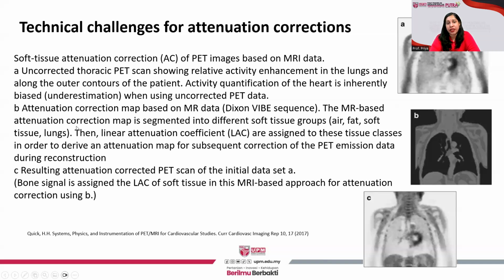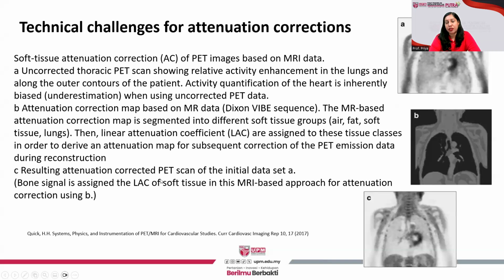The MR-based attenuation correction map is segmented into different soft tissue groups, for example, air group, fat component group, soft tissue group, and lungs group. Then the linear attenuation coefficient, or LAC, is assigned to these tissue classes in order to derive an attenuation map for subsequent correction of the PET emission data during reconstruction.